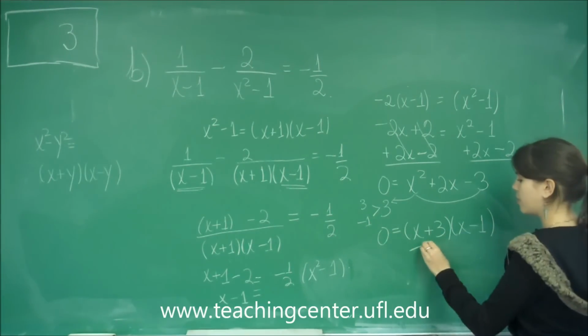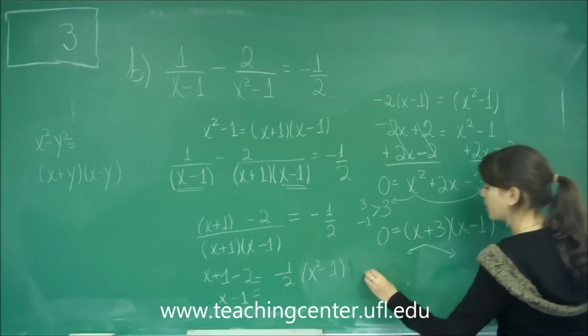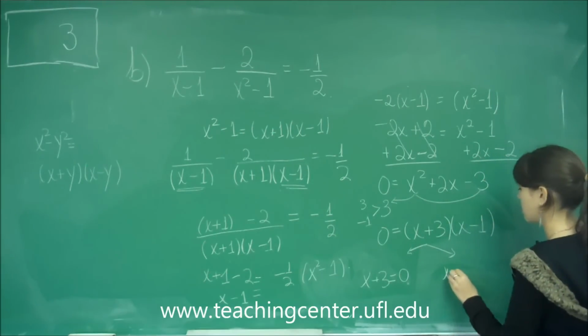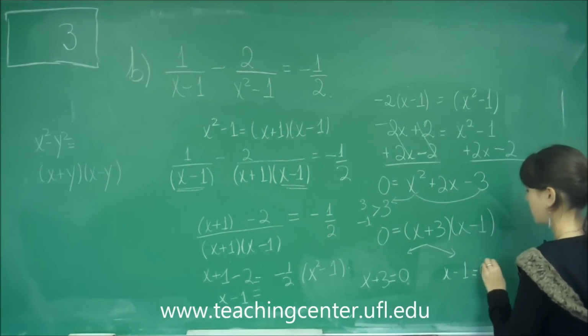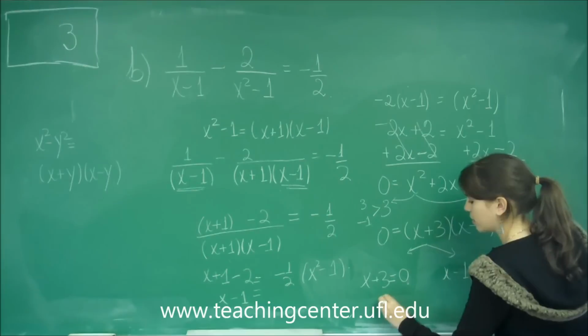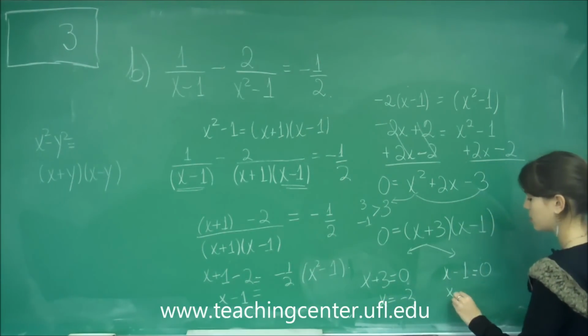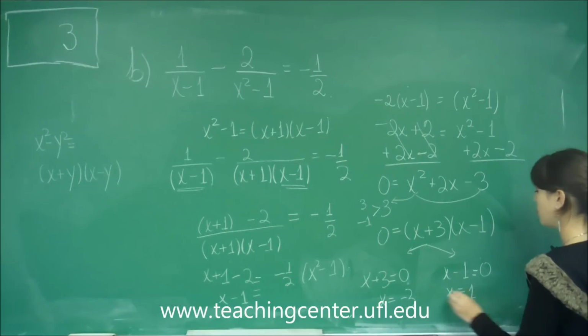If we solve for each individually, we get x plus 3 equals 0 and x minus 1 equals 0. Subtracting 3 from each side gives me x equals negative 3. Adding 1 to each side gives me x equals positive 1.